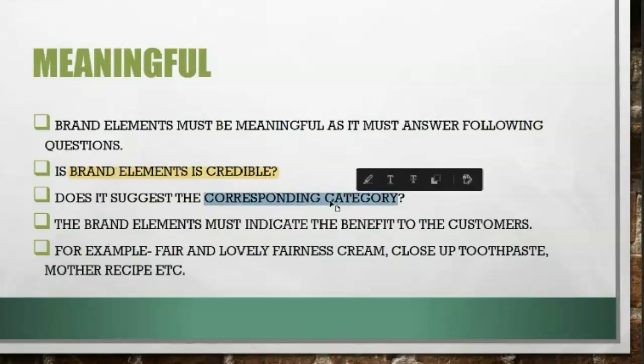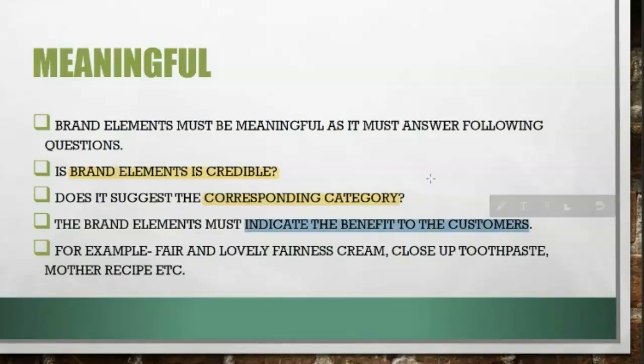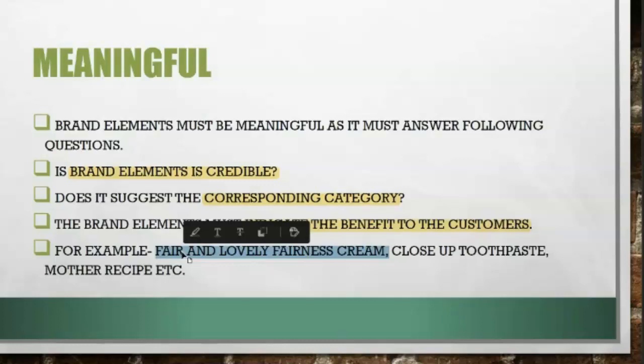At the same time, it is also very important that it should indicate the benefit to the customers. If you can let customers know the benefit of the product from the brand element, that helps. For example, Fair and Lovely fairness cream. We can clearly know that it's a fairness cream, and we also know the purpose is to make people fair and lovely. Close Up toothpaste.